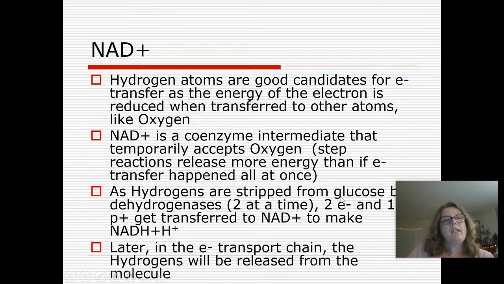As the hydrogen gets stripped from glucose in glycolysis, we're going to be able to take these electrons, transfer them to NAD plus and create NADH. And again, the whole point in cellular respiration is to do a whole bunch of work at the beginning to build up molecules that we can set into motion in the last step, which will generate mass quantities of ATP for us.